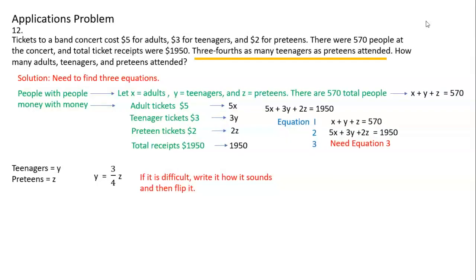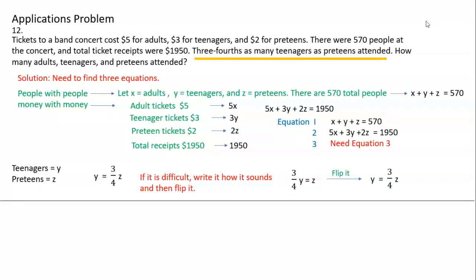We can flip it to make it a little bit better, and that is our new equation. We can set it up as y equals 3/4 z. So now we have three equations, three unknowns.